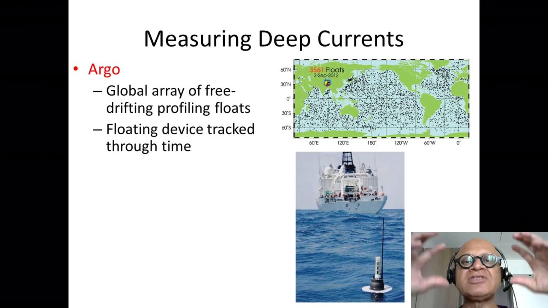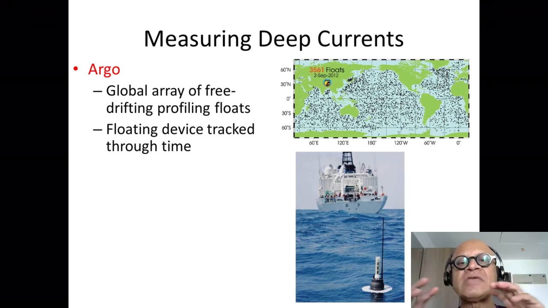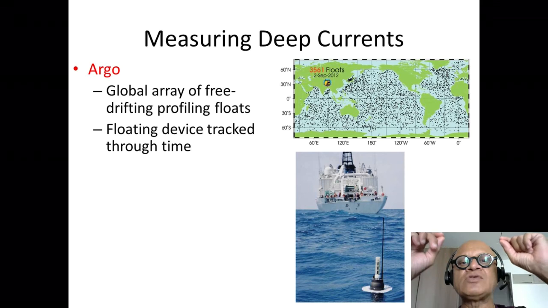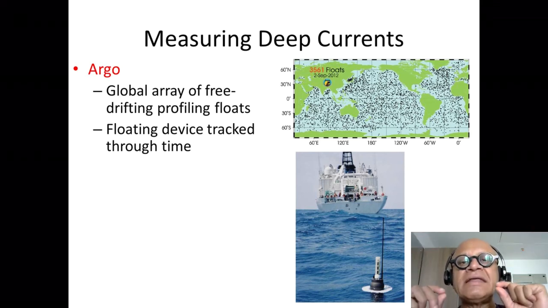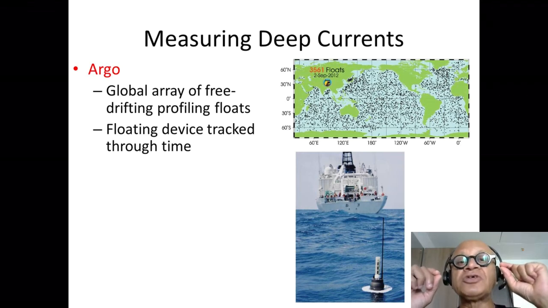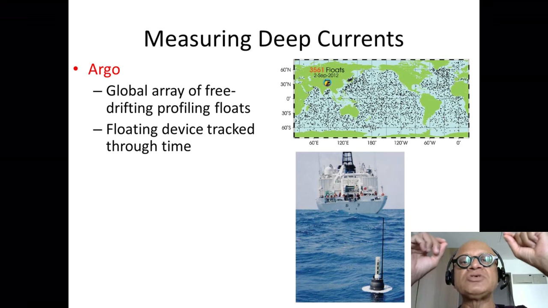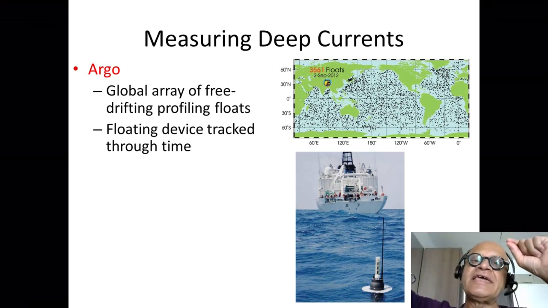So you can make it sink to 1,000 meters or 2,000 meters, and it'll just drift there for about 10 days. Then after 10 days, it comes slowly up to the surface, measuring temperature, salinity, and pressure, and sometimes other things like oxygen. It comes to the surface, sends the data to the satellite, and then goes back down.